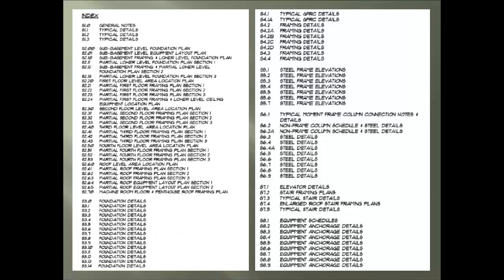Moving up to the other side of the screen, we see the GFRC details, and then the framing details. Then we see the structural steel frame elevation sheets. Now we have typical moment frame column sheet. Right after that are the non-frame column schedule sheets.